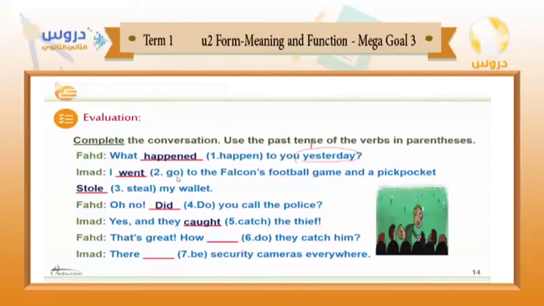That's great. How do they catch him? What's the past form of do? Did. How did they catch him? Their security cameras. Note, it is plural here. So there, what's the past form of be? Either was or were. Was for the singular and were for the plural. So the answer will be were.